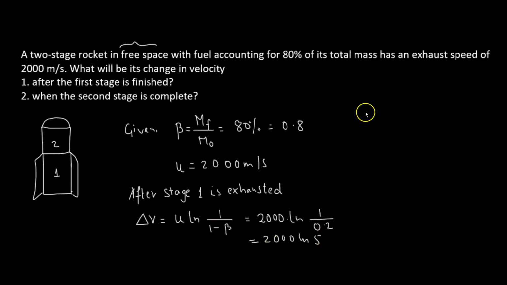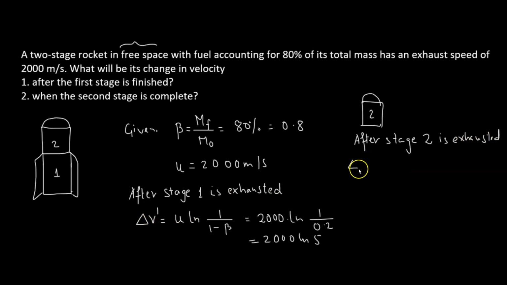Once stage 1 is exhausted, we are only left with stage number 2. In this case also, the beta value is 0.8. That's what we have to consider. This is a very ideal situation that we are considering in this problem. So let's call this the change in velocity of stage 1.